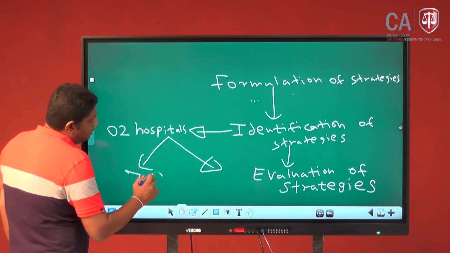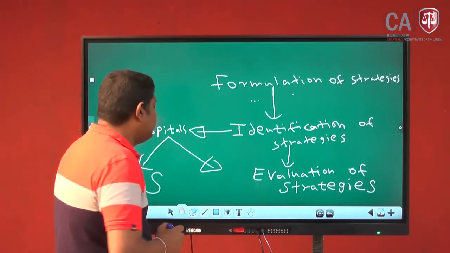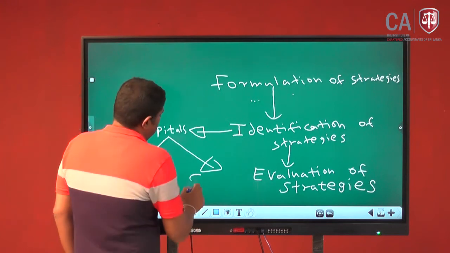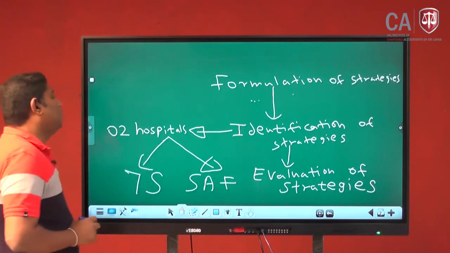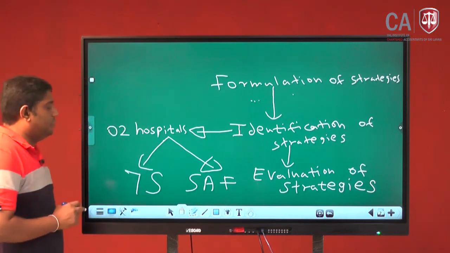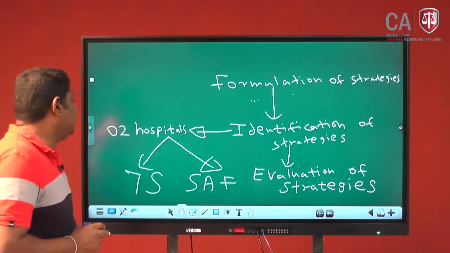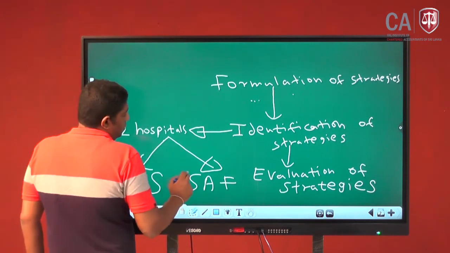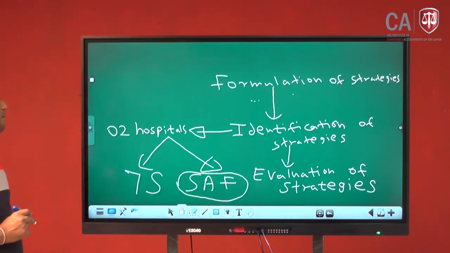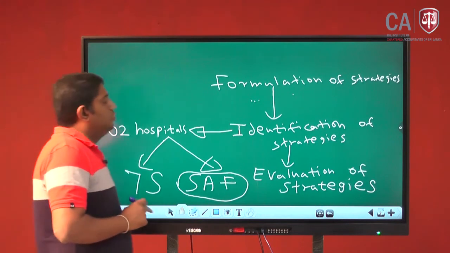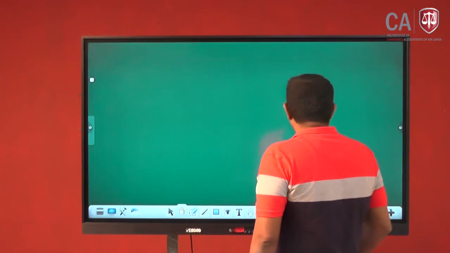One is the 7S model, right. The other one is the SAF model. If you look at this particular question, it tests your knowledge on the SAF model. So, we look at this SAF model.